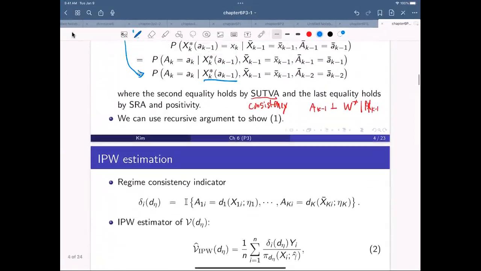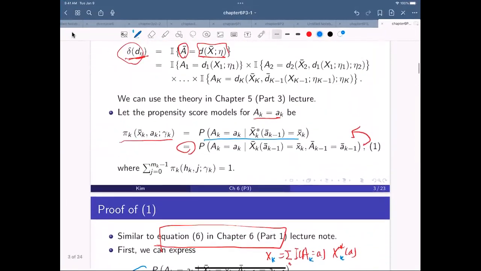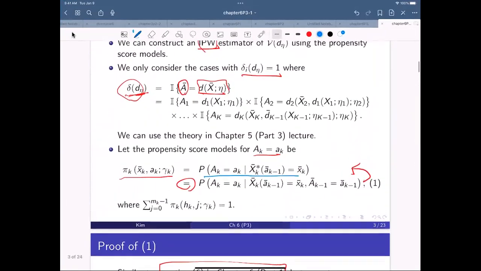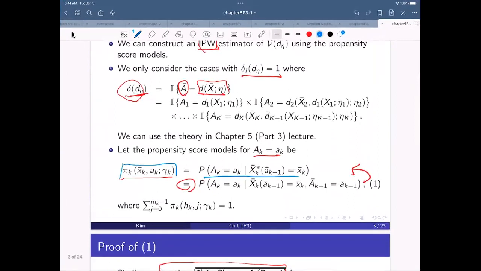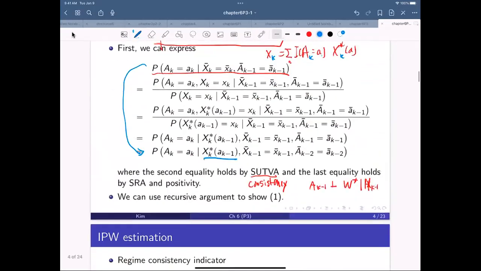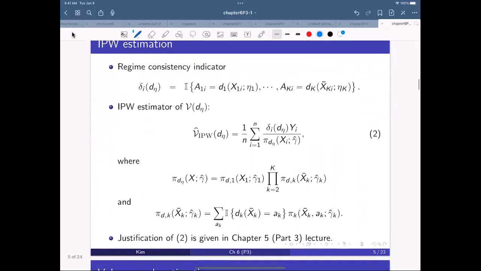Okay. So now we have this propensity score function and the regime consistency function. Then we are in a position to define the IPW estimator.